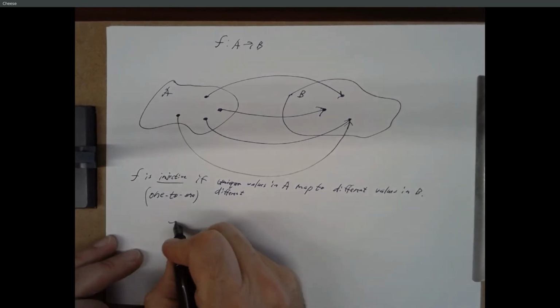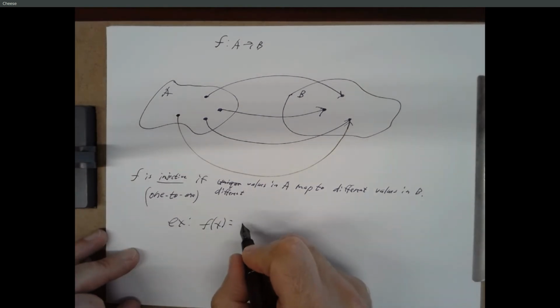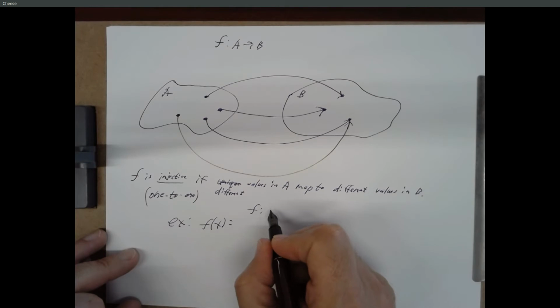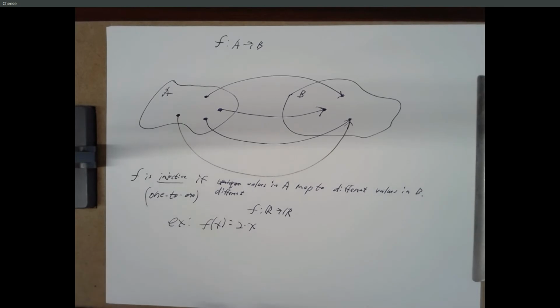So example, f from reals to reals, and f of x equals 2 times x. Well, if you pick two numbers that are different, when you multiply by 2, you're going to get two numbers that are different from each other. Doesn't matter what the numbers are. 5 and 6 will take you to 10 and 12.